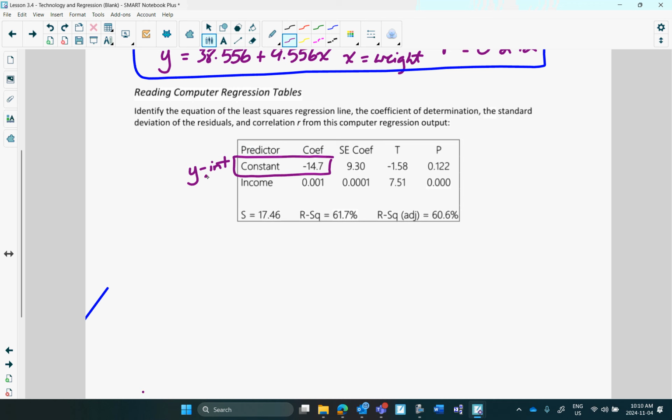And remember, in stats, we call it A. The income represents the slope, which we call B. S down here represents the standard deviation of the residuals.